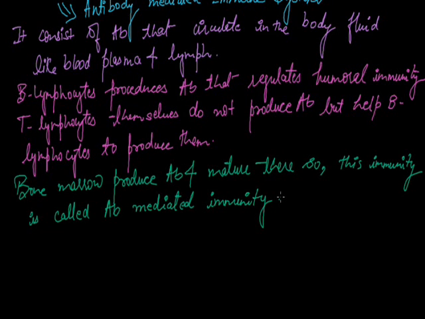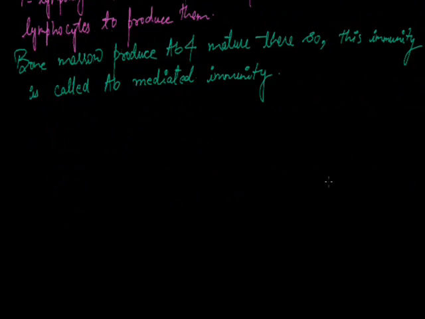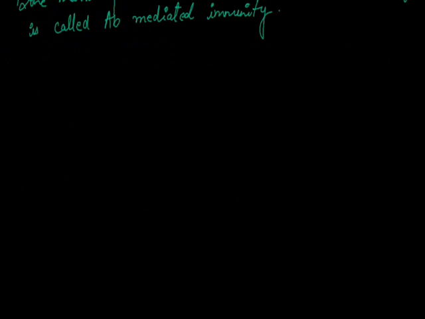Next, there are two types of cells which are formed from the B cells by means of humoral immunity. First is the plasma B cell.